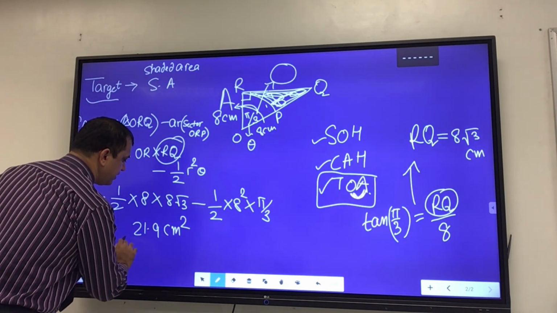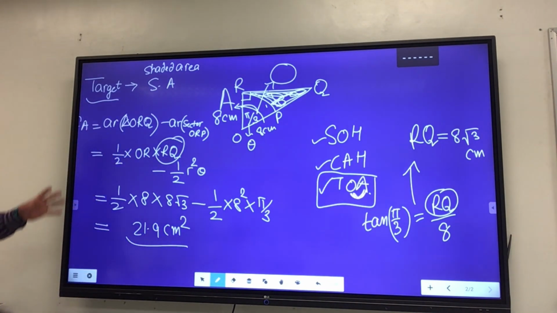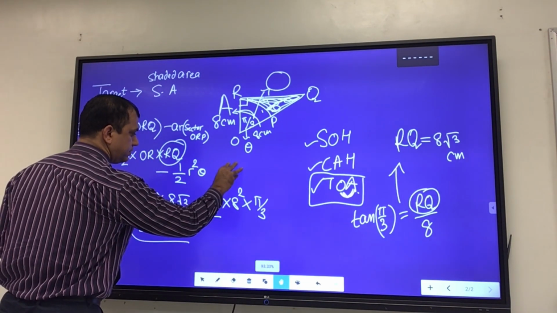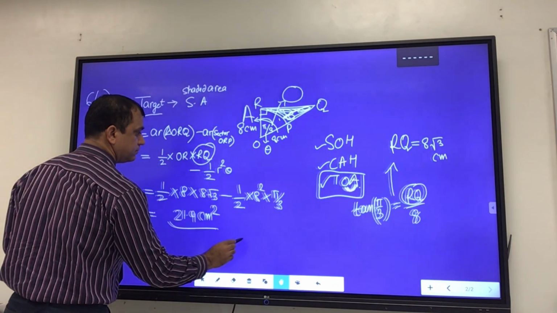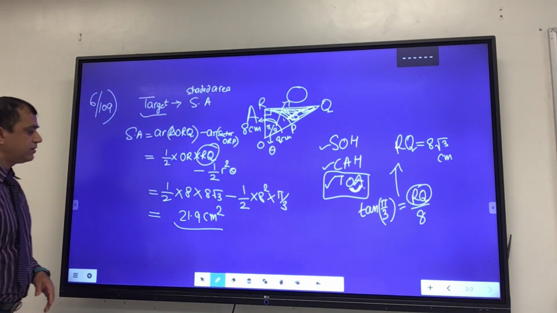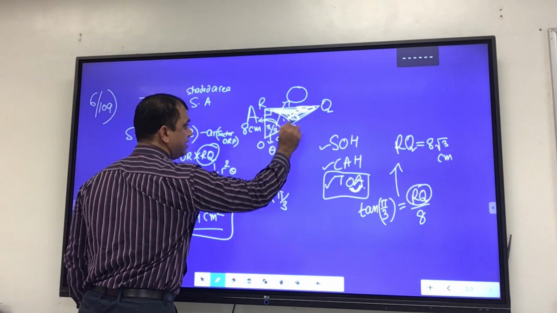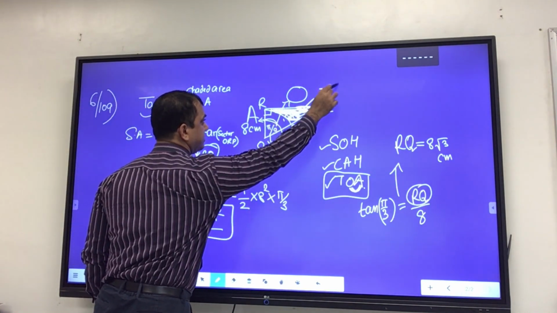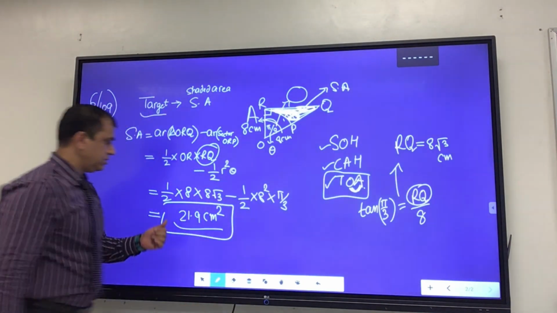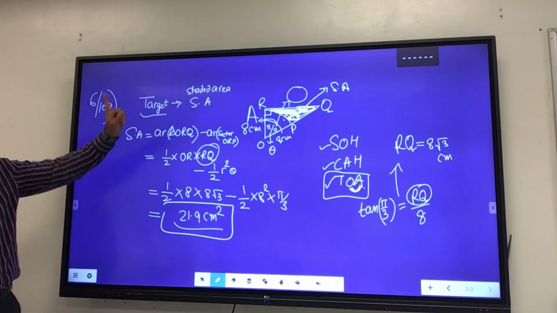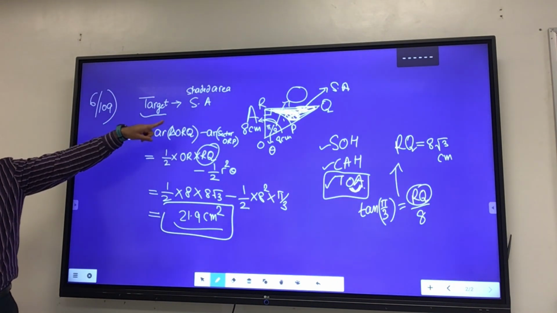This is the answer to the question, which means this is the shaded area. See guys again, the shaded area, this area, is 21.9 centimeters squared.